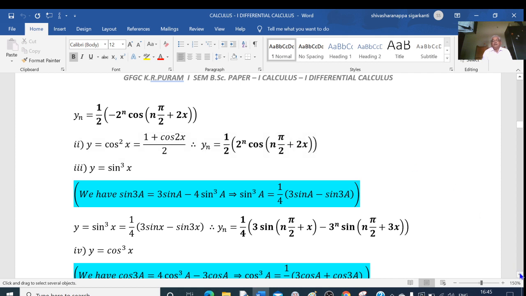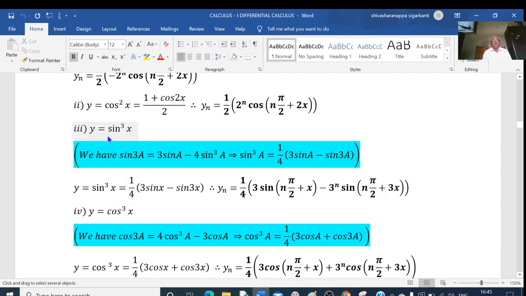Next, find the nth derivative of sin cube x. We have this formula, sin 3a equal to 3 sin a minus 4 sin cube a, or 4 sin cube a equal to 3 sin a minus sin 3a. Okay.